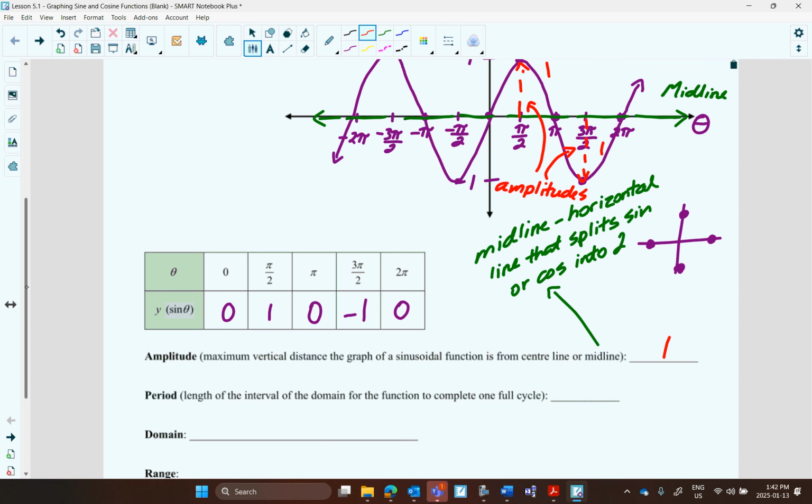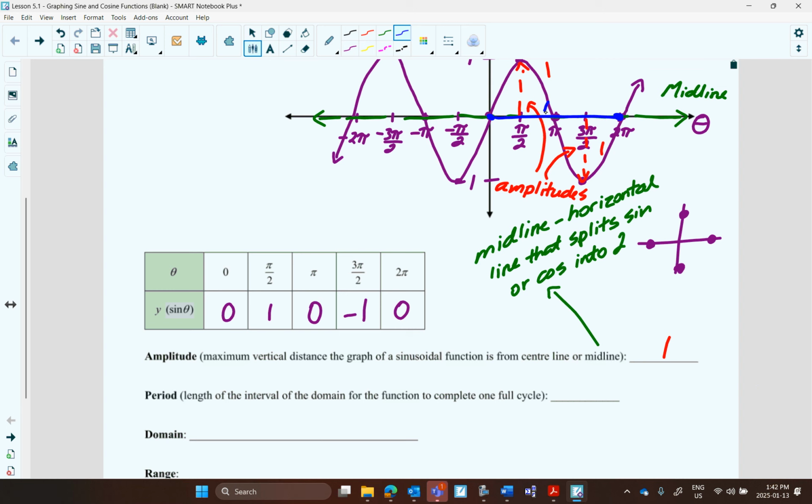The period. It's the length of the interval, horizontal, that it takes to complete one cycle. So how long does it take to complete one cycle? Well, if we're going to start a cycle here, it finishes here, and then it starts again.